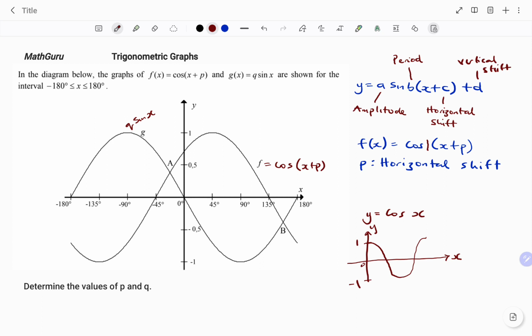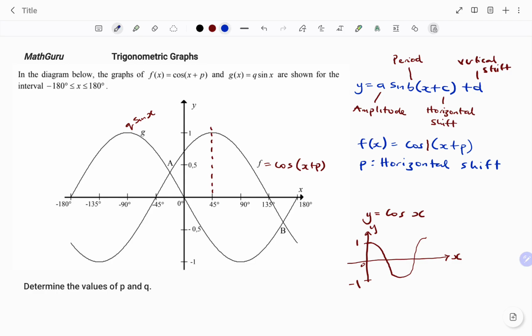But if I go back to my graph, you can see that for my crest here, there has been a shift of my crest to 45 degrees right.